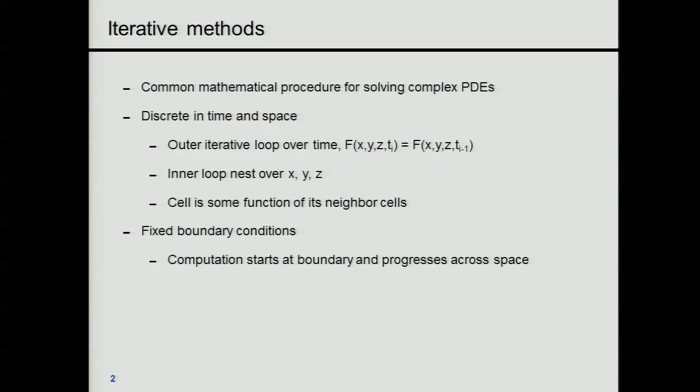So by setting fixed boundary conditions, we have a start at the boundary. We know the values of those boundary cells. We can then compute the values of the cells which neighbor the boundary, and that simply progresses over space to define an initial value at all the points, and then we iterate over time until we get to some convergence.